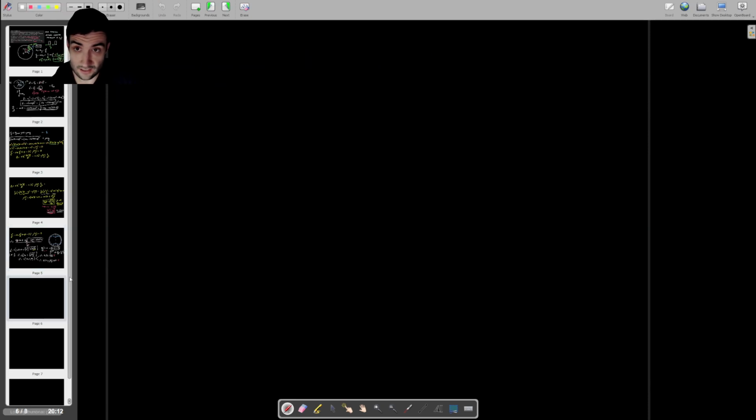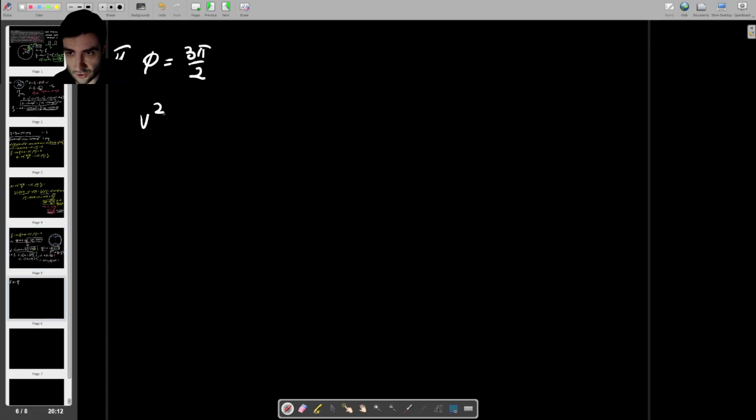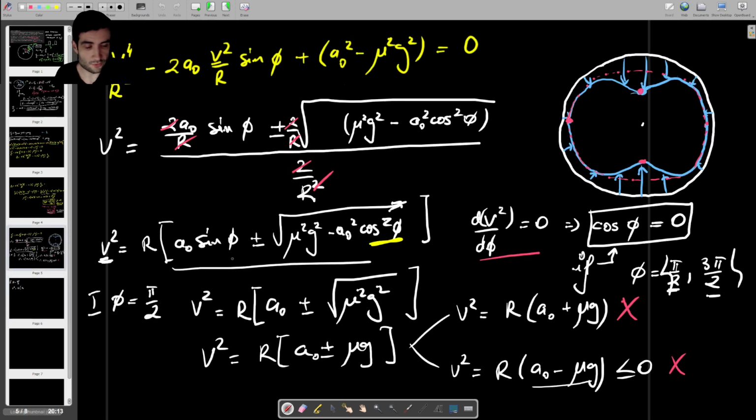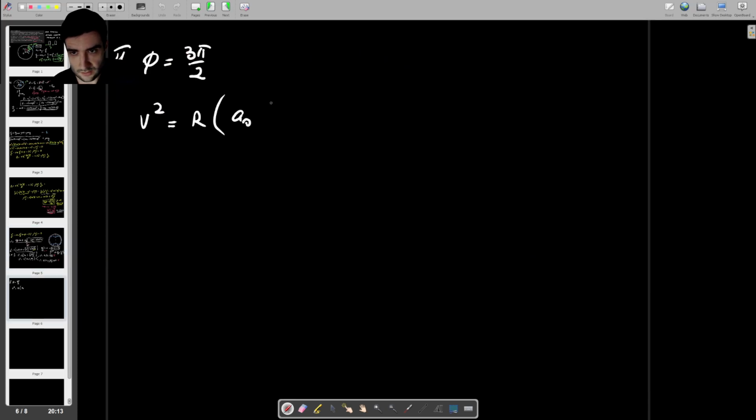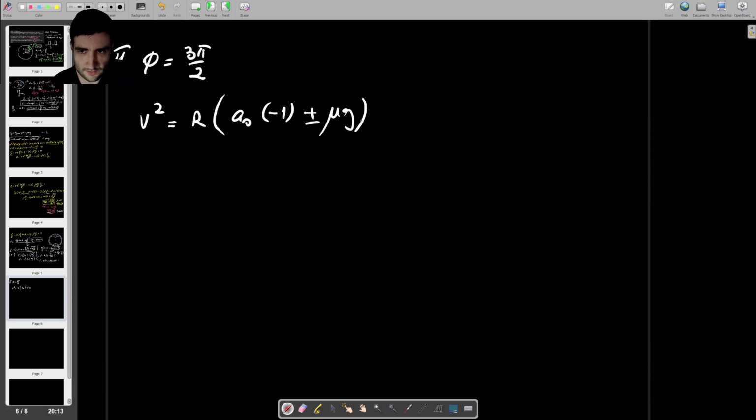So let's look at the second case, when phi is 3 pi over 2. If we substitute values in, we're going to have v squared equals r multiplied by a0. So sine of 3 pi over 2 is minus 1. And then we have plus or minus just mu g, right? Because cosine is 0, therefore we just have mu g.